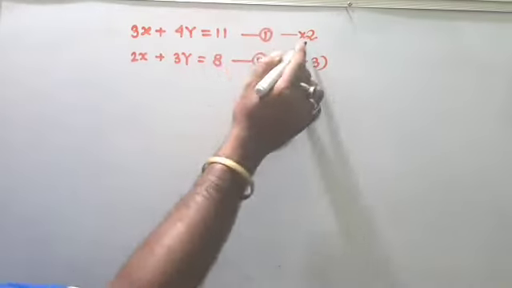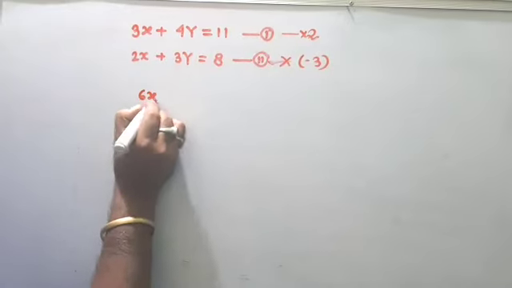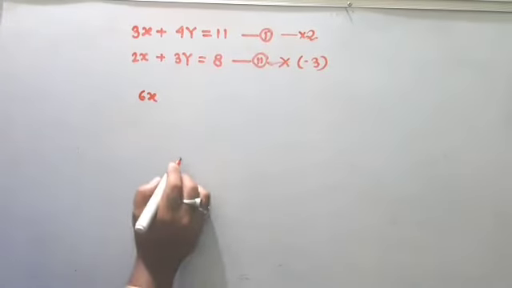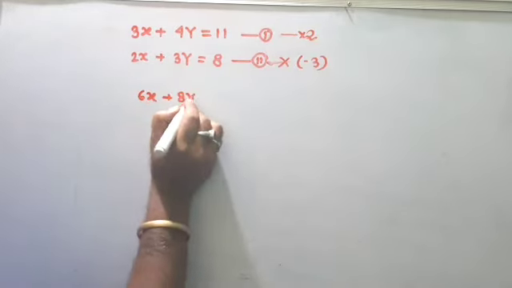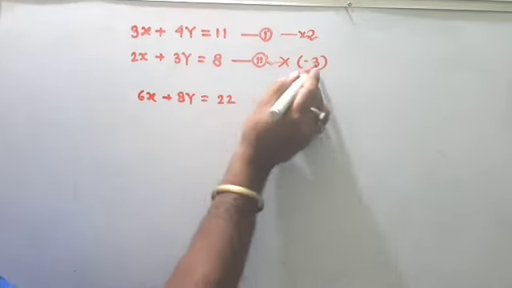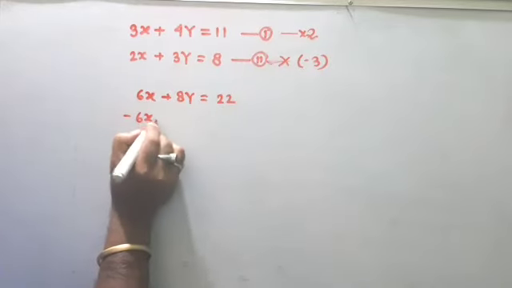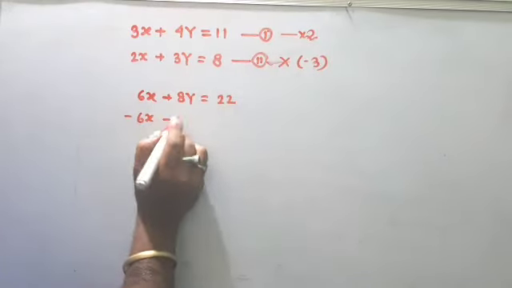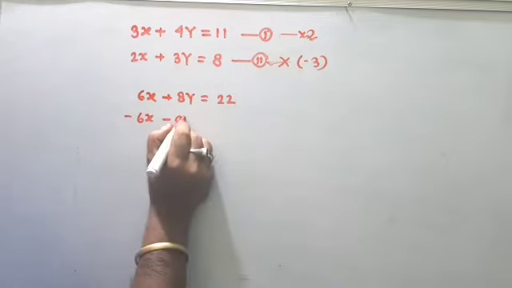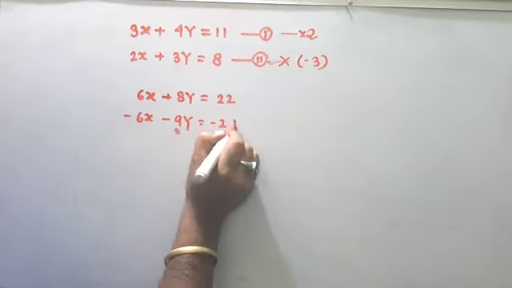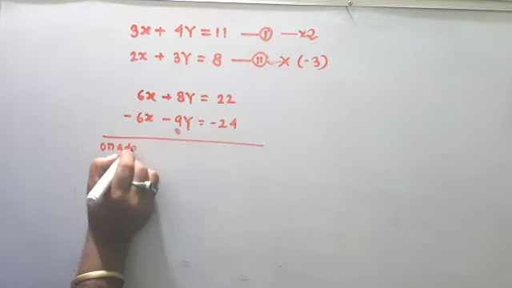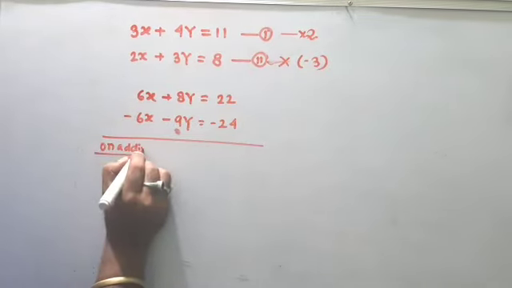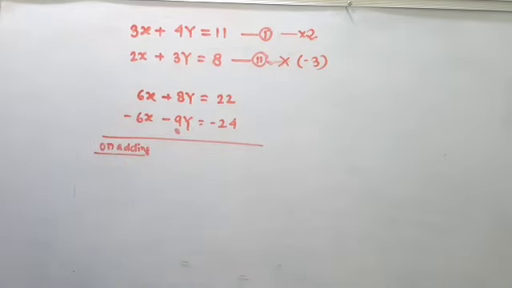So 2 into 3 is 6x, 2 into 4y is 8y, 2 into 11 is 22, and here minus 3 into 2 is minus 6x, minus 3 into 3 is minus 9y, equal to minus 24. Now on adding, I always use the adding method. So the plus and minus 6x cancel.